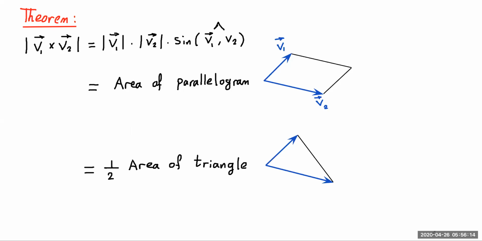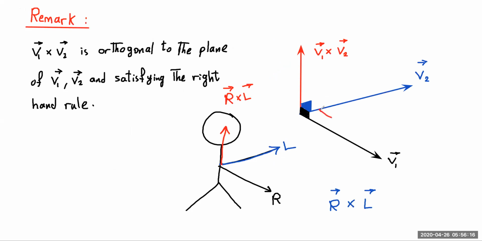If I go back, in the particular case that it's orthogonal here, and I suppose that the length here is 1 and the length here is 1, now the length of this vector is also 1 because it's length V1, length V2, sine 90. And I know the direction and the lengths, so I know everything about V1 cross V2. For example, if V1 is I, and here the vector J, then this is the vector K.